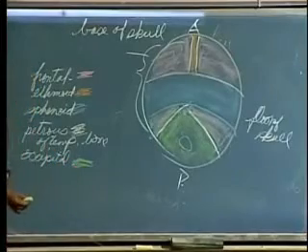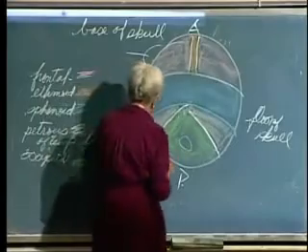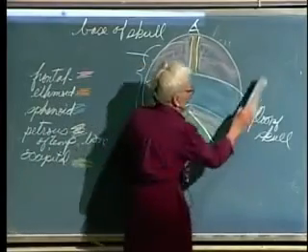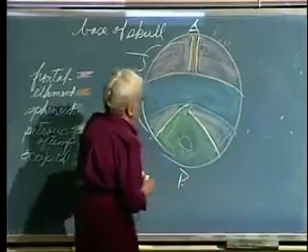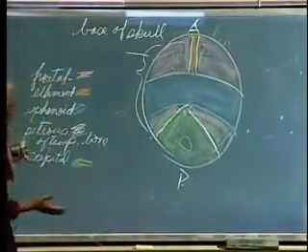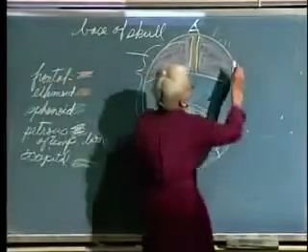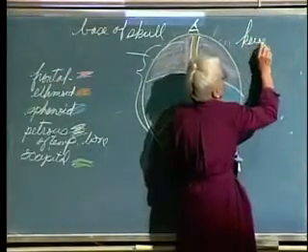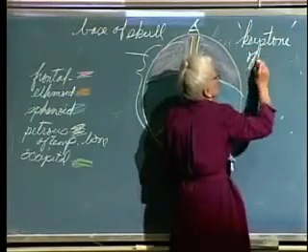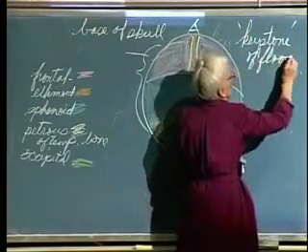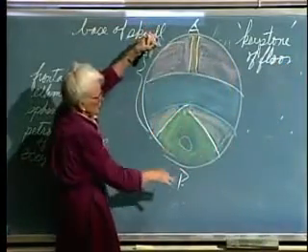So with this drawing, then, we can come back to our sphenoid. It's called the keystone of the floor, because it keeps the other bones in place.